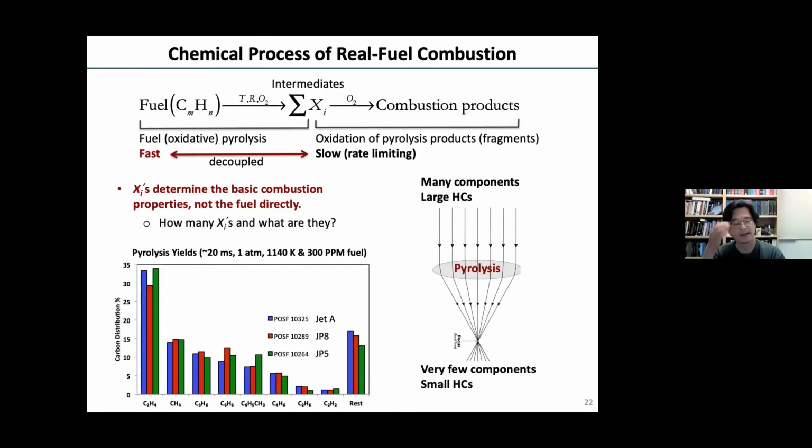Right. The point is that all of this fuel has over 1,000 fuel components, covering 4 or 5 different organic hydrocarbon classes.